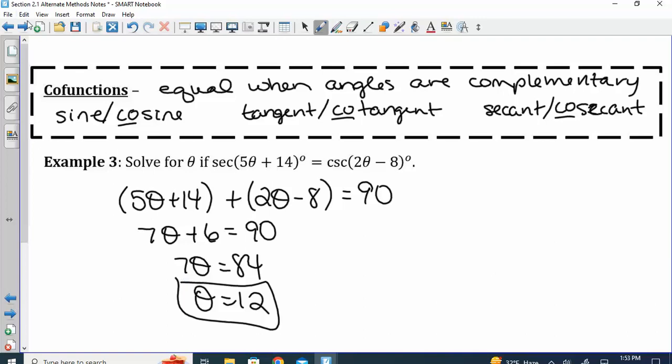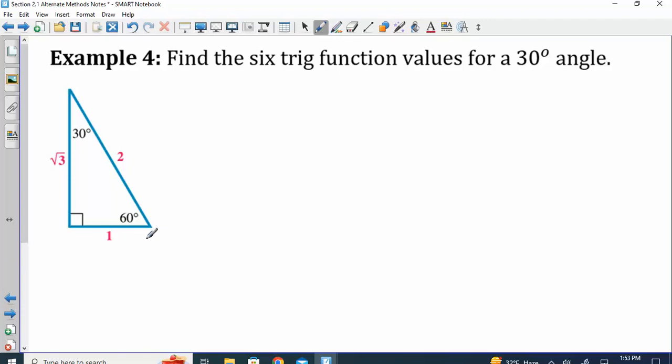I gave you a triangle here with the sides measured. These aren't just random measurements. If you're interested in where it came from, I started with an equilateral triangle. What does equilateral mean? All sides equal. So if I call them all 2, what would every angle be? The same. So 180 divided by 3, each angle is 60.